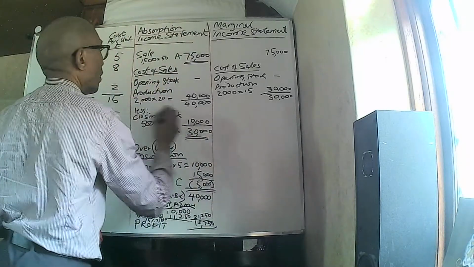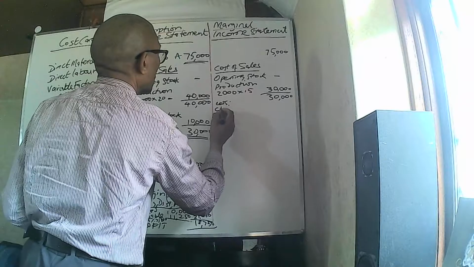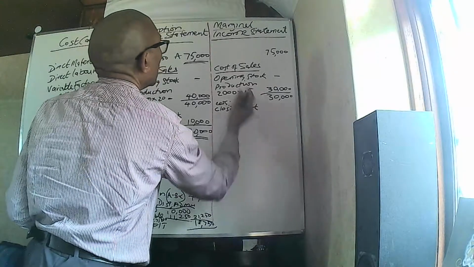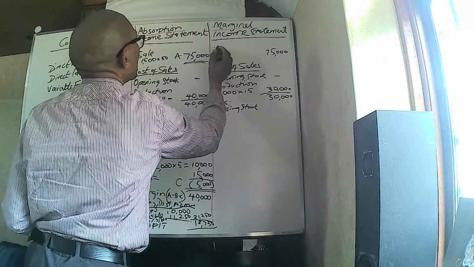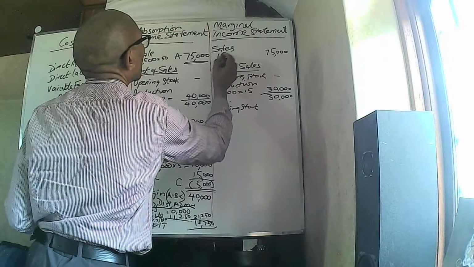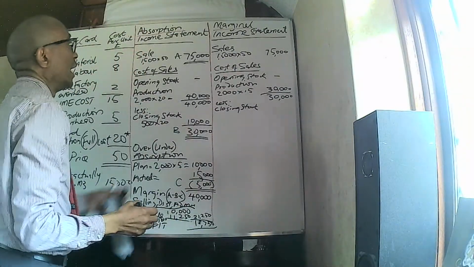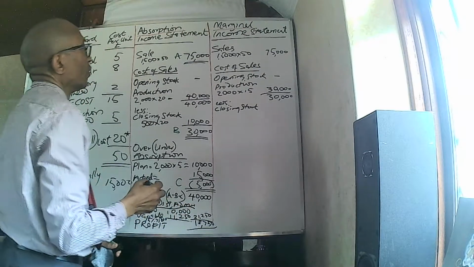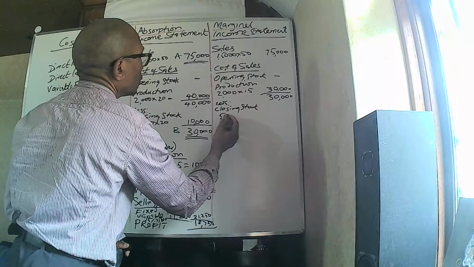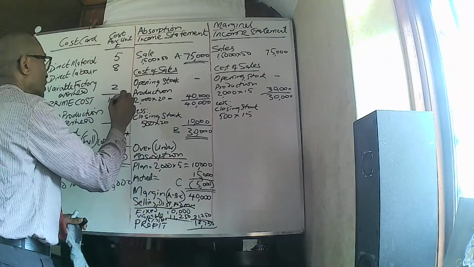Now let's do opening stock and closing stock. Again, only 1,500 were sold out of 2,000, leaving us with 500 unsold, again at 15, which is a variable element.